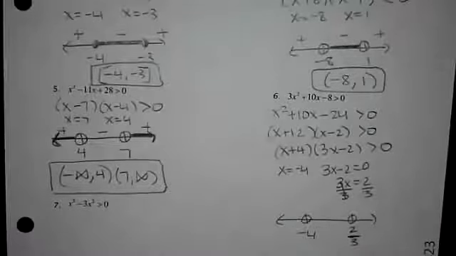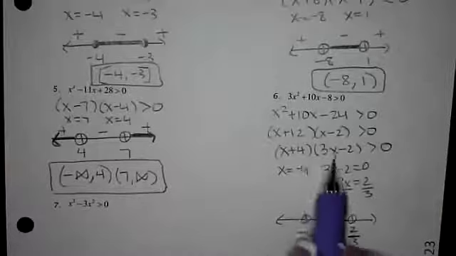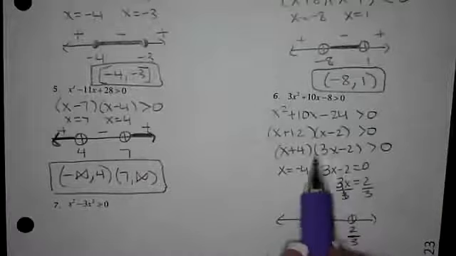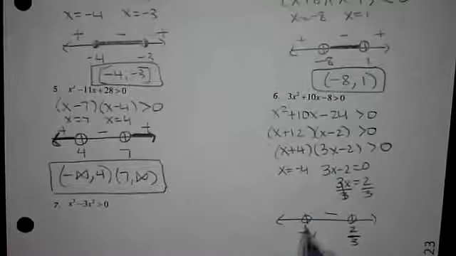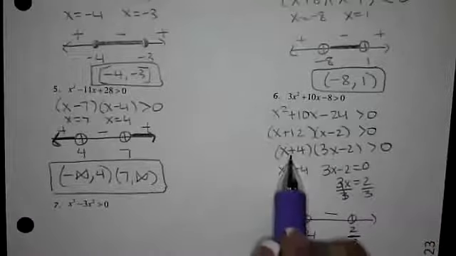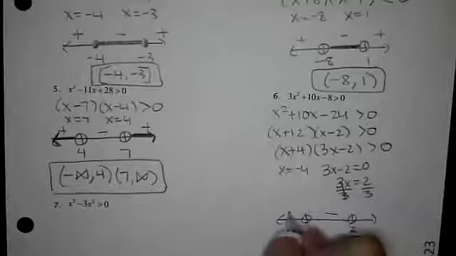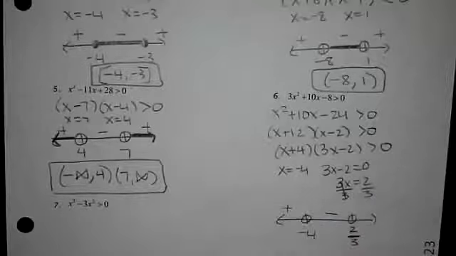And we would not want to pick some fractions. You can just still pick any number between -4 and 2/3. It does not have to be a fraction. So if I pick 0 and I plug that in here, that would give me a negative and a positive, which is a negative. If I plugged in -10, that would give me a negative and a negative, which is a positive.